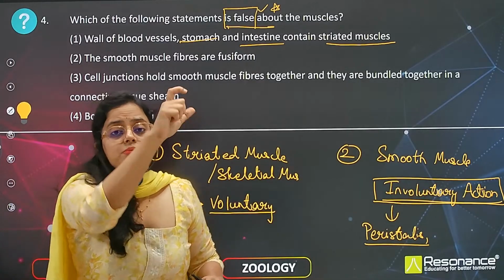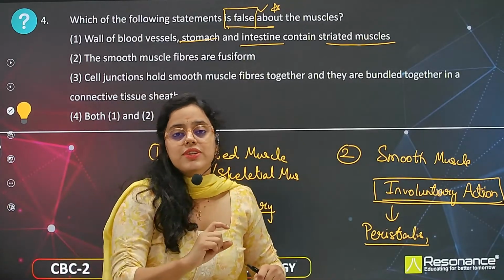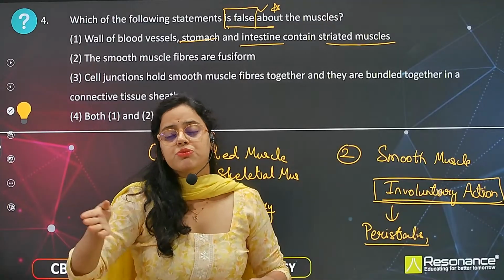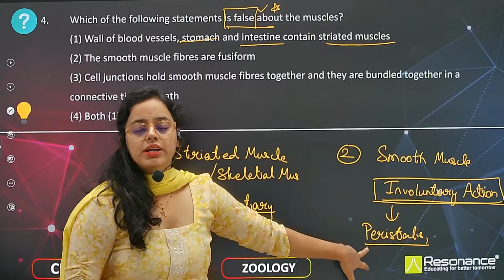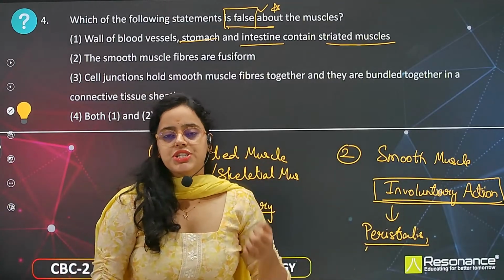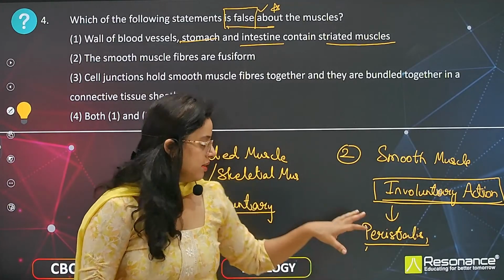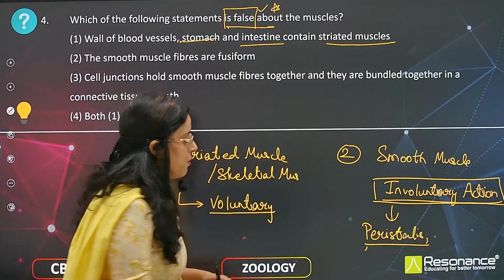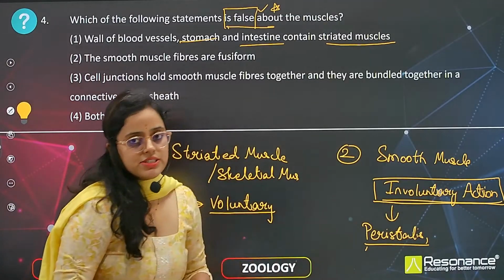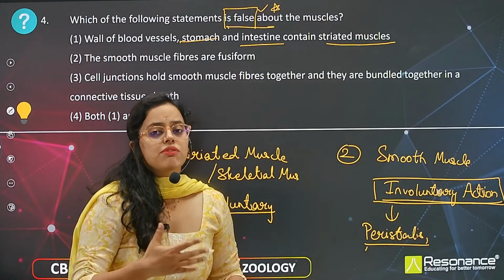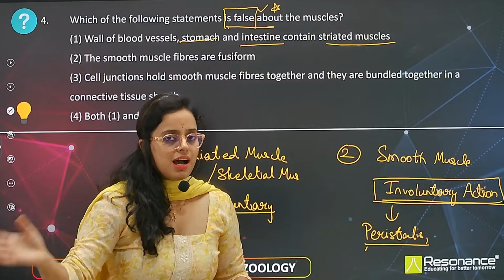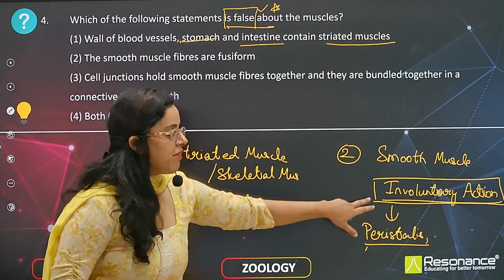For the movement of food from mouth to esophagus, esophagus to stomach, stomach to small intestine and large intestine, we need peristaltic movement, that is, rhythmic contraction and relaxation of the muscles. When this rhythmic contraction of muscles takes place, the food moves from the buccal cavity to the esophagus and again to the small and large intestine, so this kind of action is involuntary.